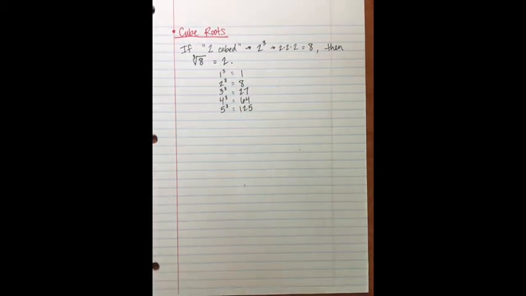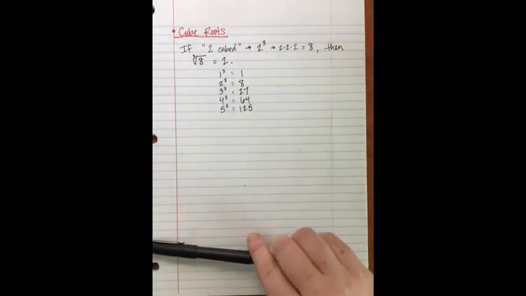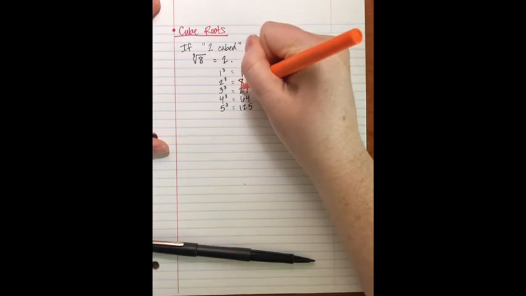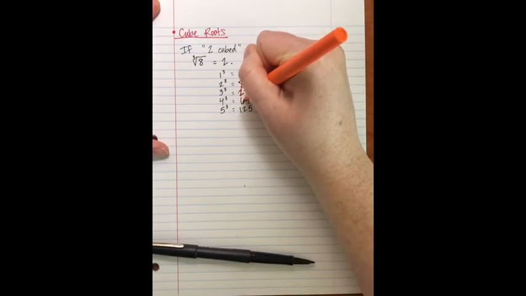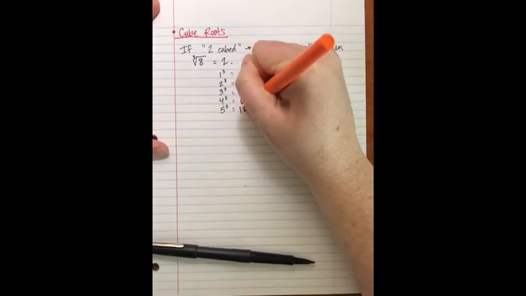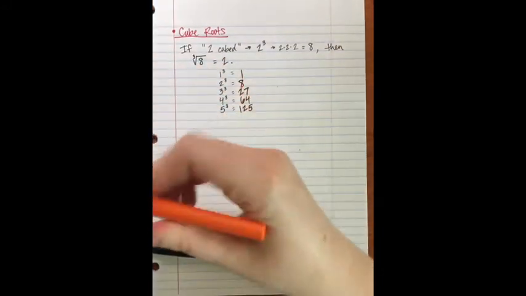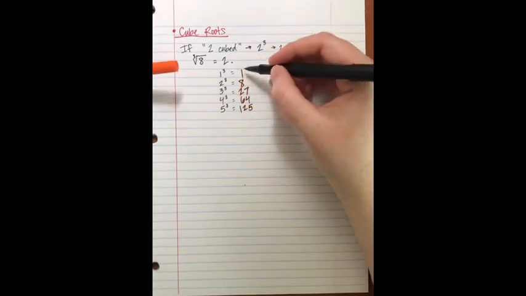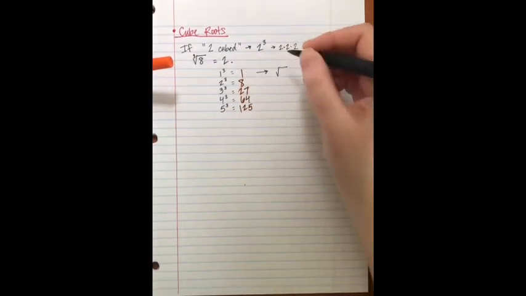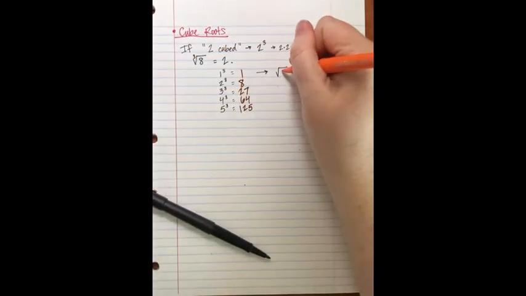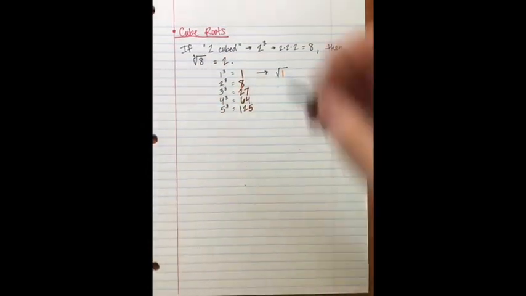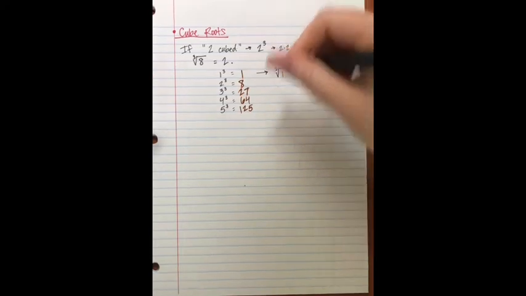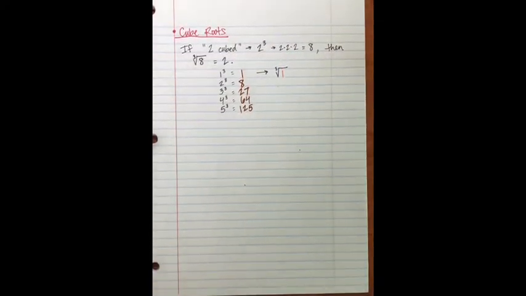Okay. So now let's think of cube roots. So I'm gonna be looking at these numbers in orange here. Okay, so if 1 cubed is 1, then that means that the cube root, gotta put that little 3 up there, else it's a square root, okay?